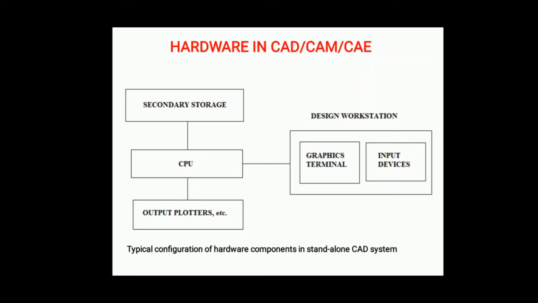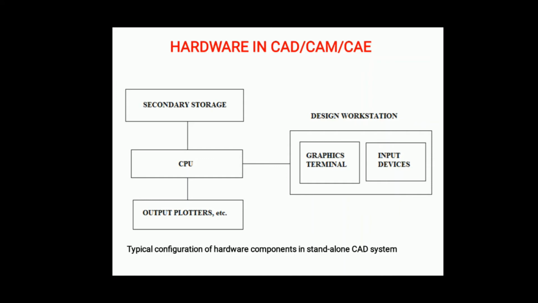In the graphics terminal or display terminal, we use various input devices for inputting the various information related to the part, that is numerical data, for the various graphics operations and for controlling the cursor. This is the use of the terminal.